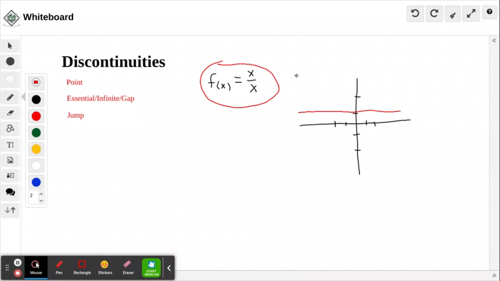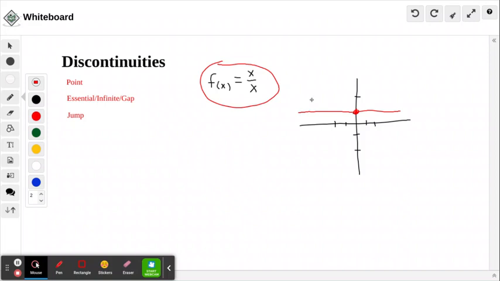But because we have an x in the denominator, when x equals 0, we will have a hole. And because we have that hole, the function is not continuous. When we draw this graph, if we had an infinitely small pencil lead, we'd have to pick up our pencil when we got to x equals 0, or else we would draw the graph incorrectly.